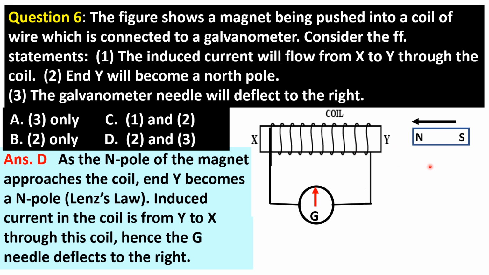According to Lenz, remember a bar magnet has its own magnetic field. The magnetic field outside the bar magnet is directed from the north pole to the south pole.